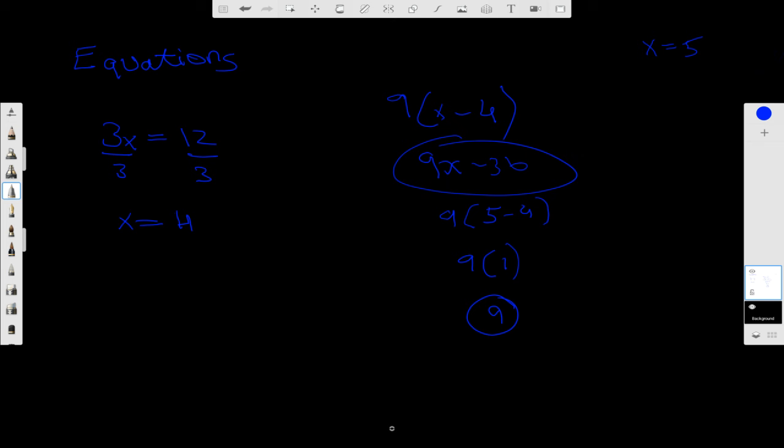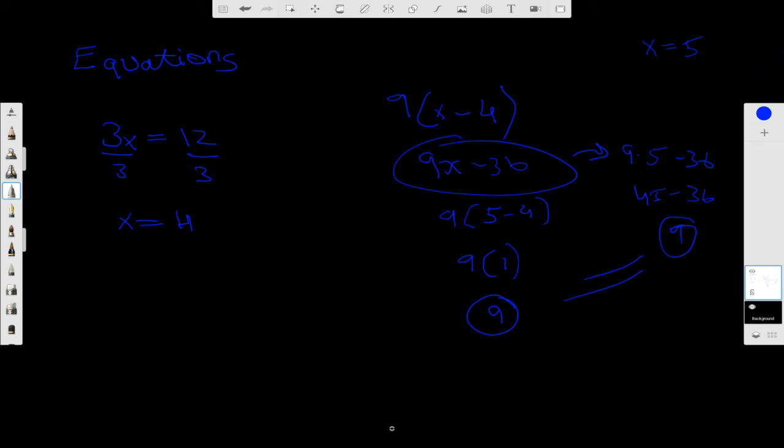That's basically what this whole topic is going to be about. And if you look over here, if you want to solve this, you get 9 times 5 minus 36, 45 minus 36, 9. They're the same answer.